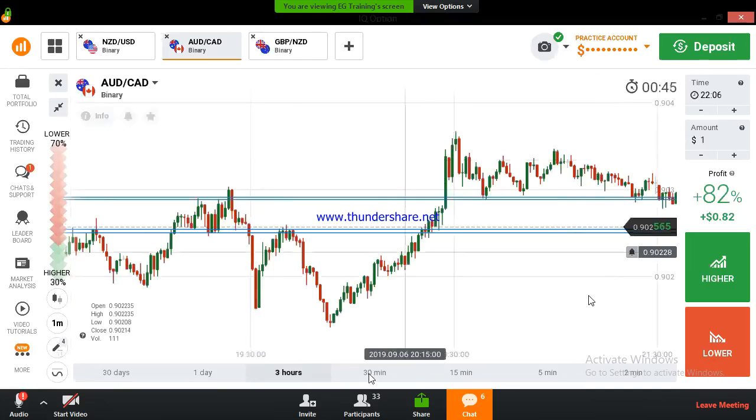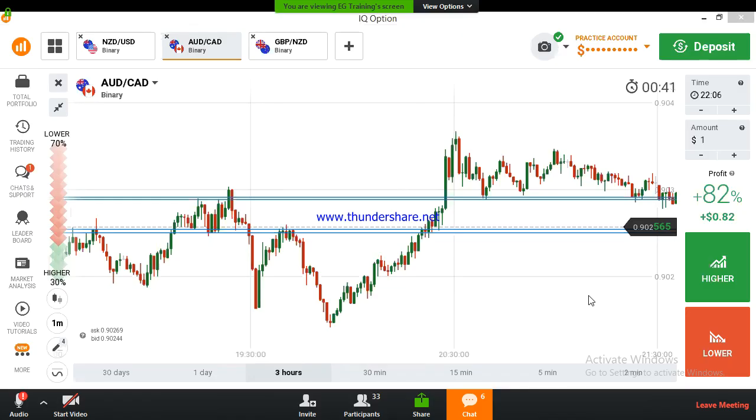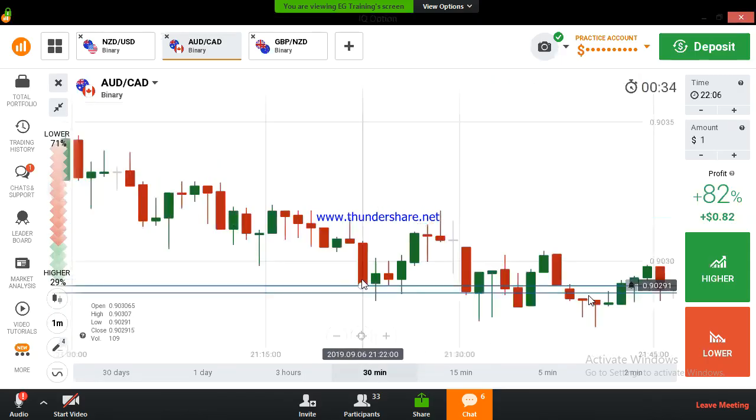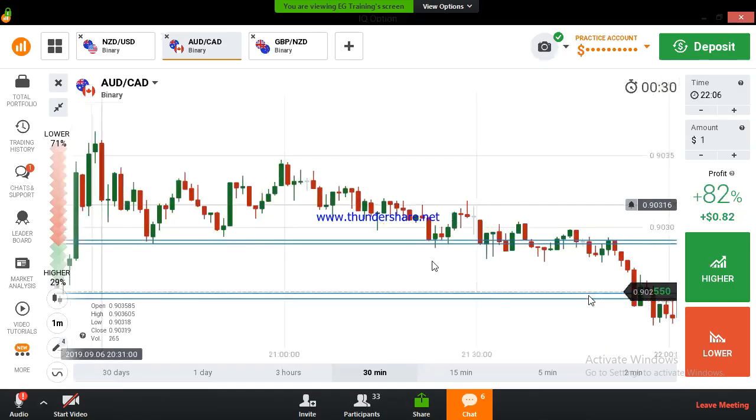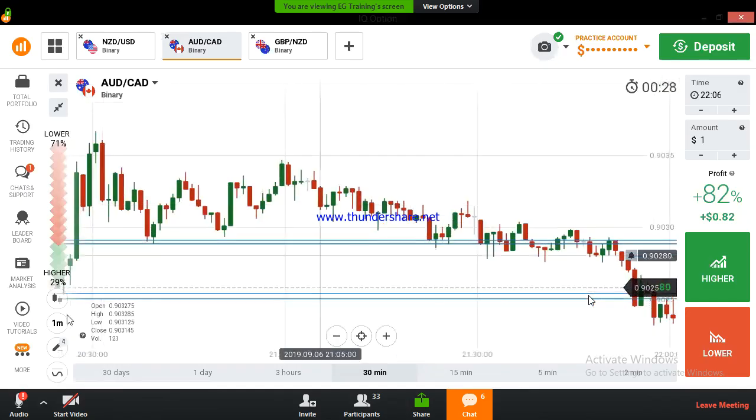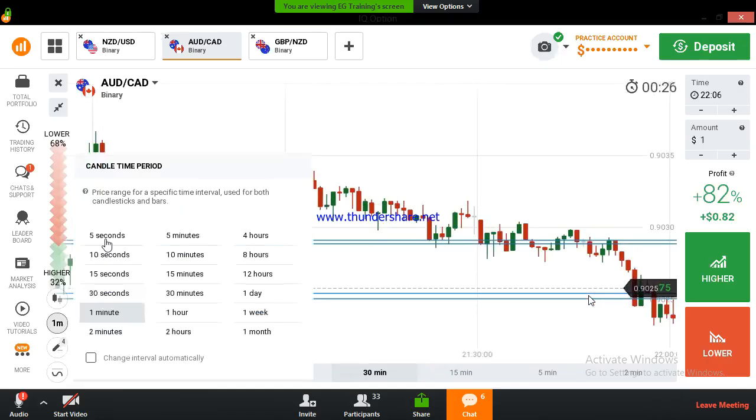Okay, this is 8 CAD. Okay, this is a strong level. You can see the candle closed above the level. This is a strong level. The candle closed above the level. We can place our trade on the next candle here.